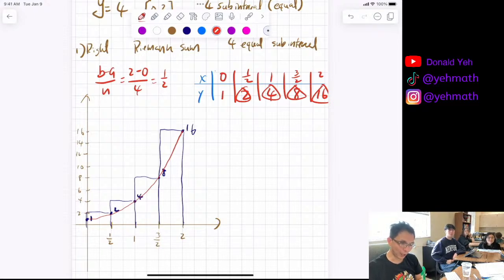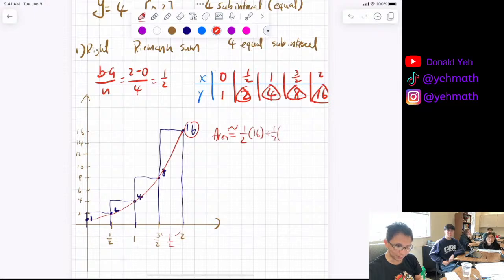Now, how do I approximate this? The area, or estimation, is equal to 1/2, which is the width, times the height, which is going to be 16 because I use this one, plus 1/2 times 8, plus 1/2 times what? Do I use 1? No, because that's not relevant.